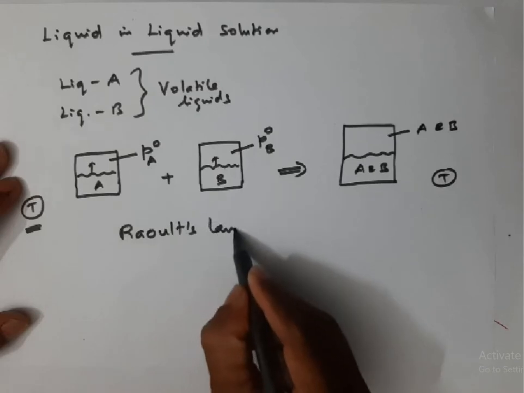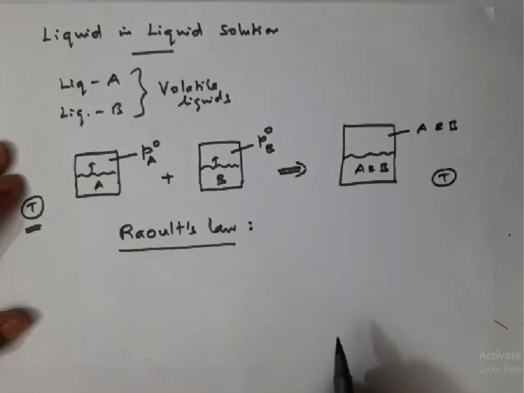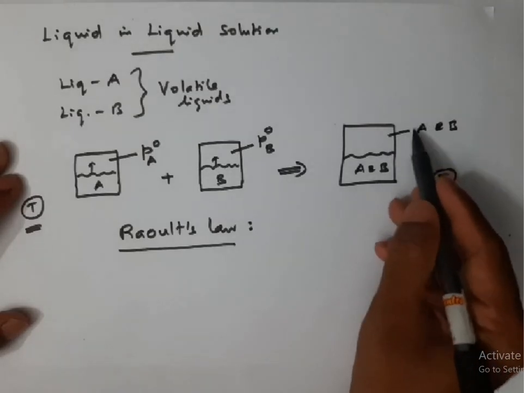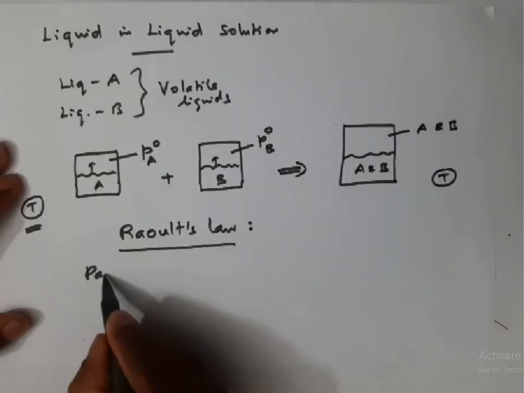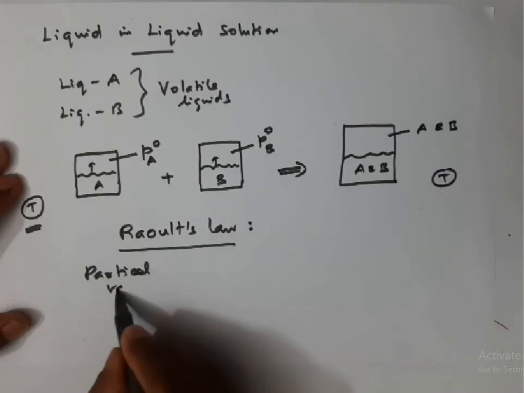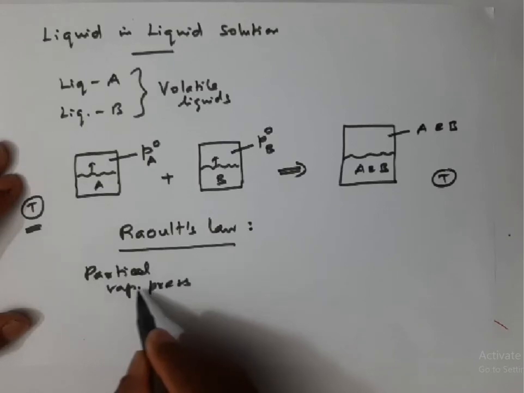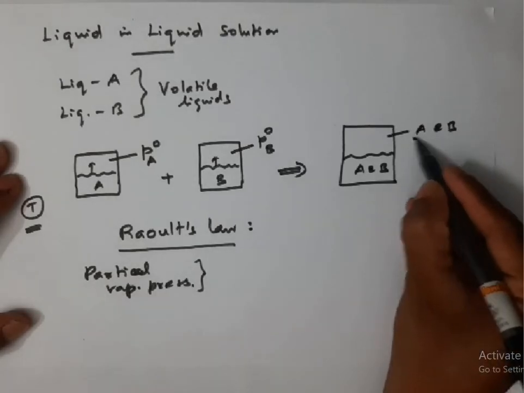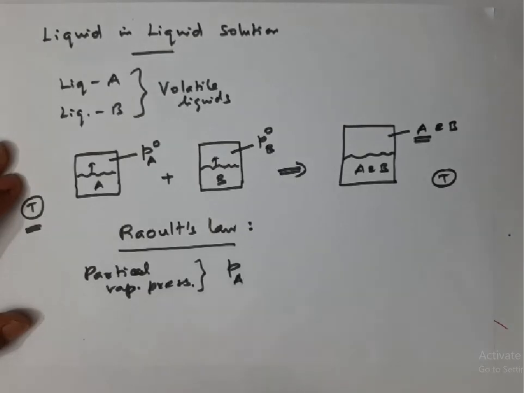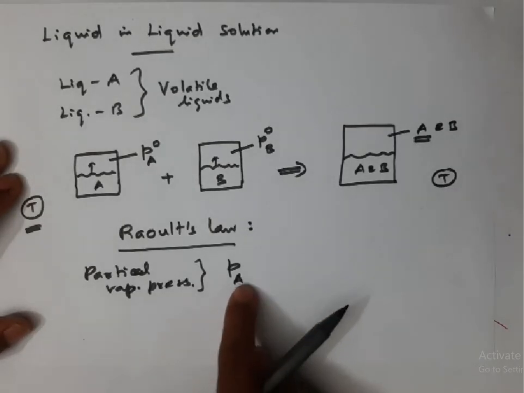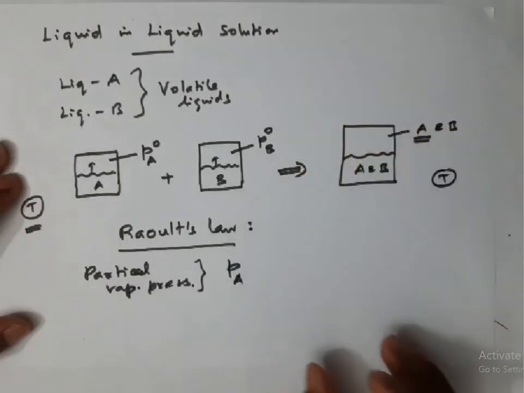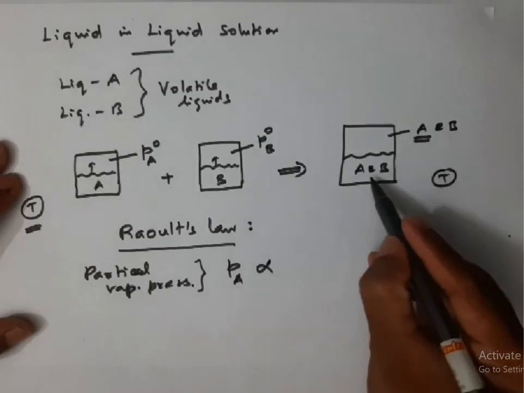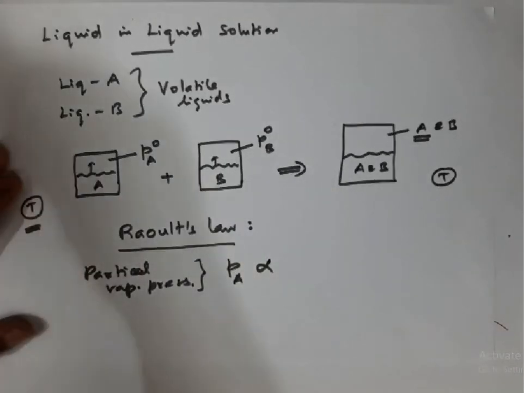What Raoult's law says is that the partial vapor pressure exerted by the component A alone, which is represented as PA, means the partial vapor pressure of A in this mixture or solution, is directly proportional to the mole fraction of A present in the liquid phase.